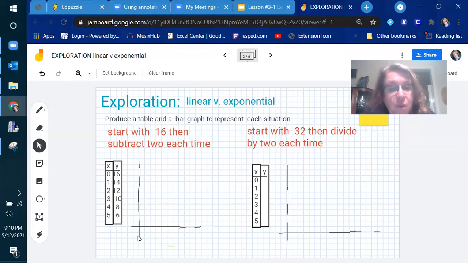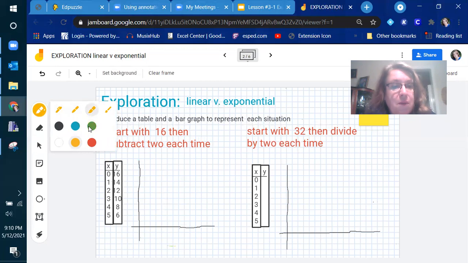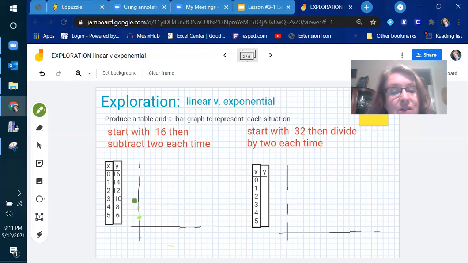So I'm going to start with 16. Let me get to the marker. So let's see, 2, 4, 6, 8, 10. It's hard to see these little 2, 4, 6, 8, 10, 12, 14, 16.